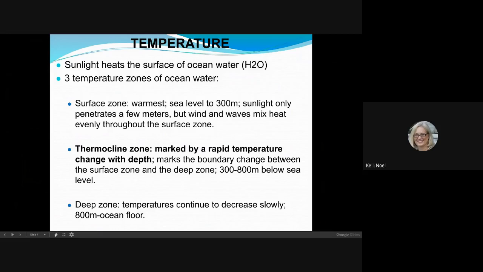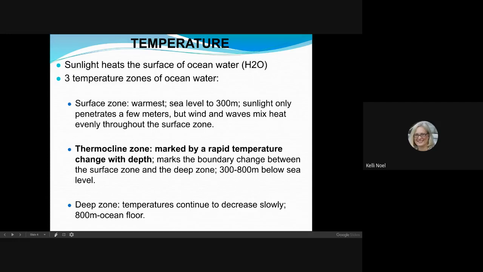And this distance that it changes quickly is called the thermocline zone. This is going to be between 300 and 800 meters below sea level. Then you reach the deep zone. So this is 800 meters to the floor.